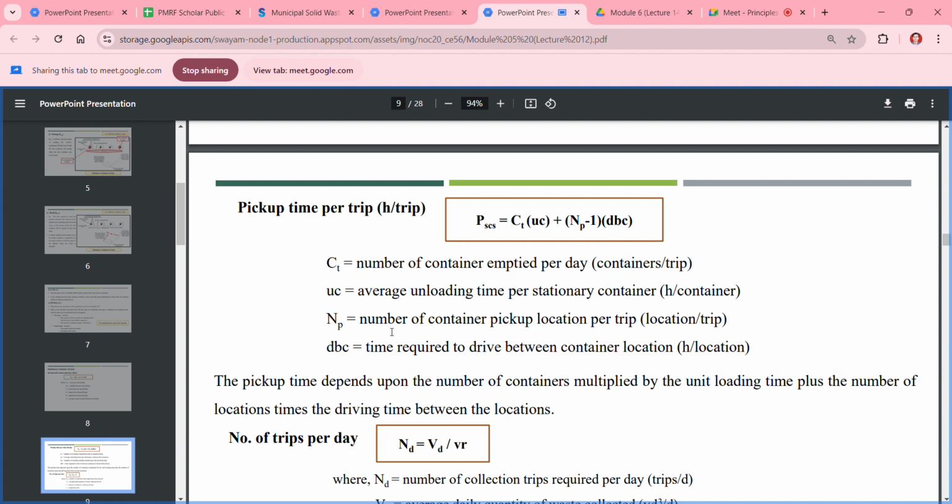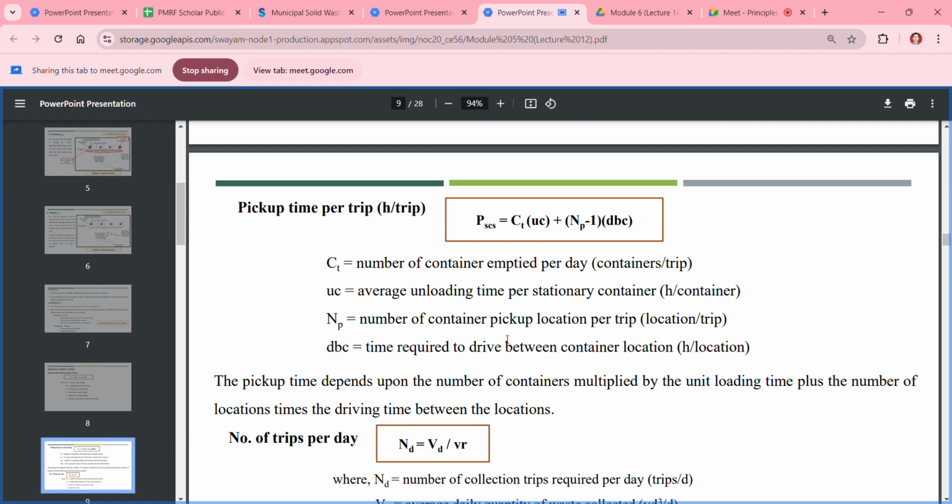Why minus 1? Because for the first container we are not going from one point to another point. We are going from the disposal site or garage site to that first pickup point, so that time we are not considering in the pickup time.